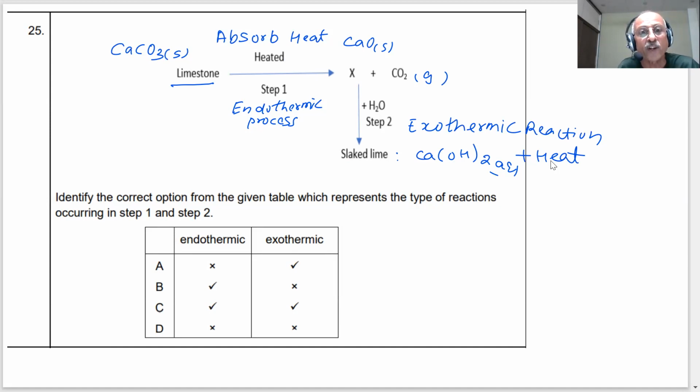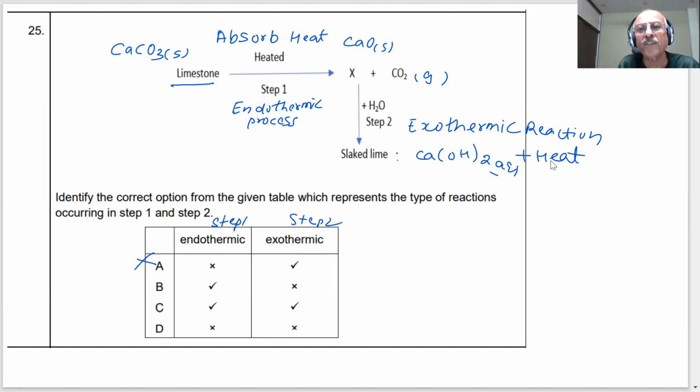A says endothermic, but that is not correct, so this cannot be the answer. Then B says endothermic, and B is not exothermic. That is also wrong, because B is exothermic. This is my step 1 and this is my step 2.